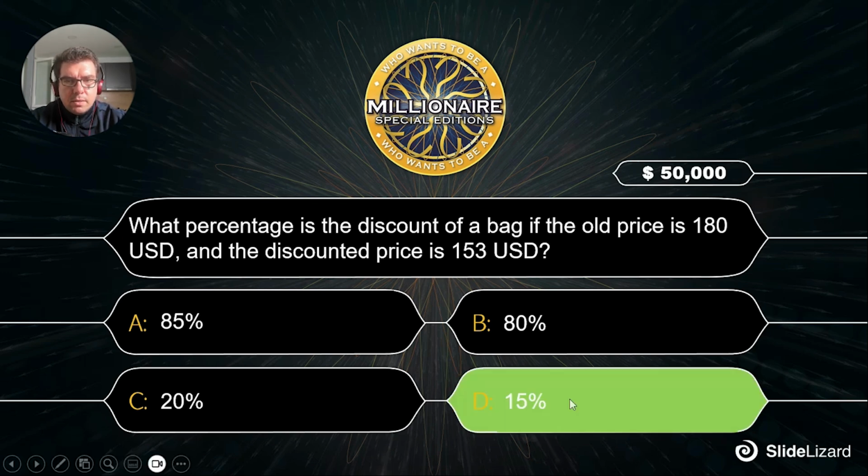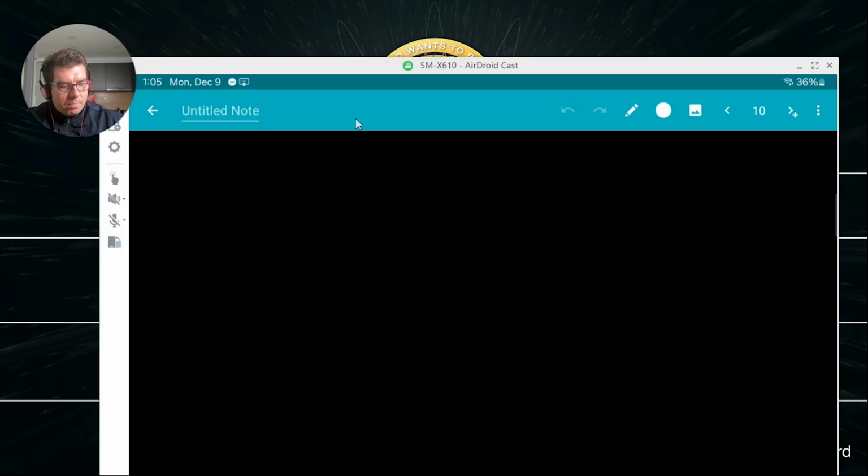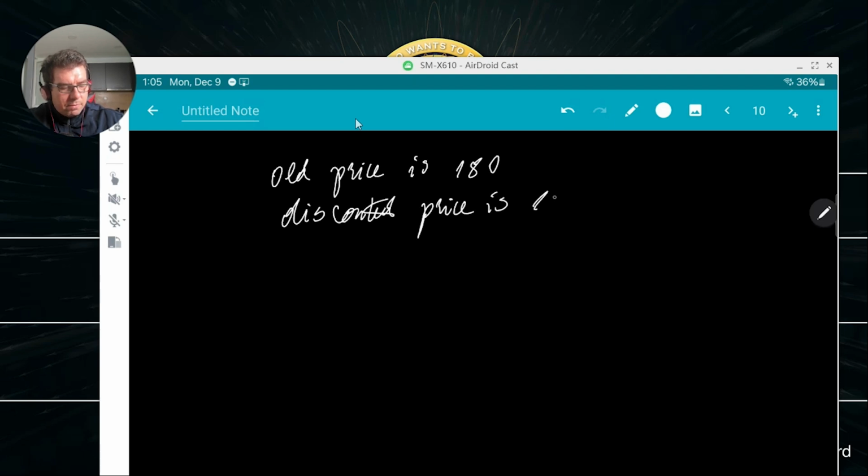Did you find D? 15%. So, old price is 180, discounted price is 153. This means that the discount would be the difference between these two prices, right?